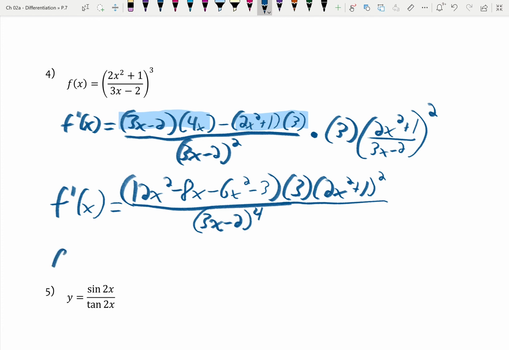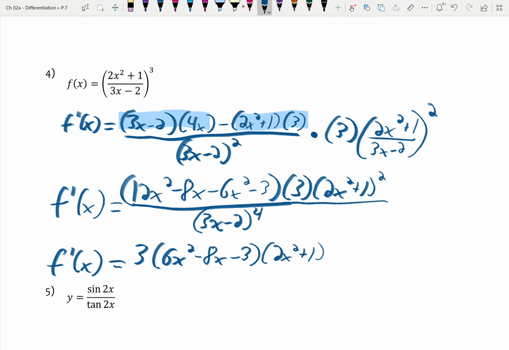Then just clean this up a little bit more. Let's take the 3 and move it out in front, because that's where we typically see constants or coefficients. Have a 6x squared minus 8x minus 3 times a 2x squared plus 1 squared.